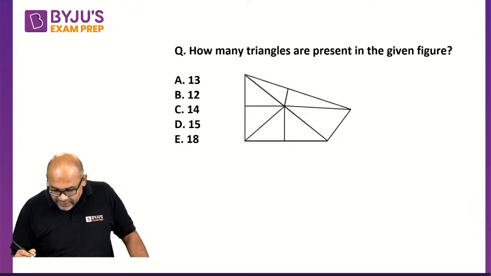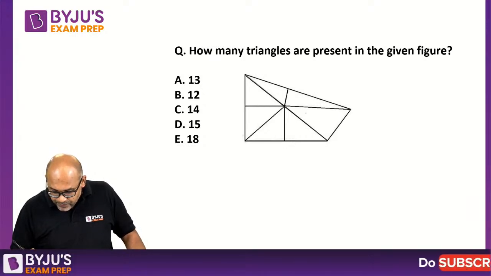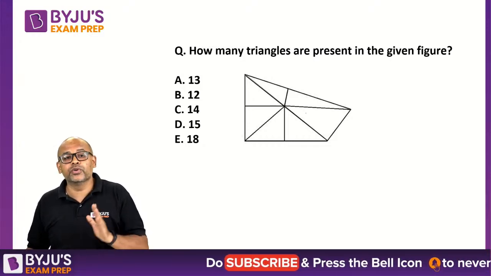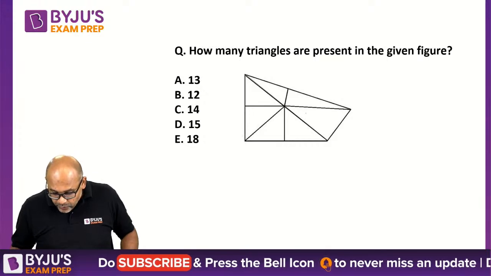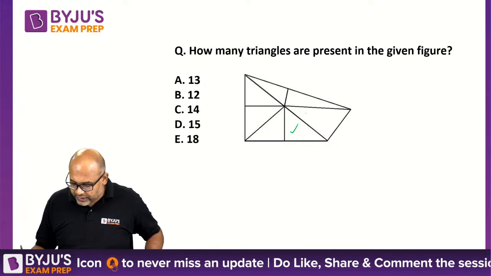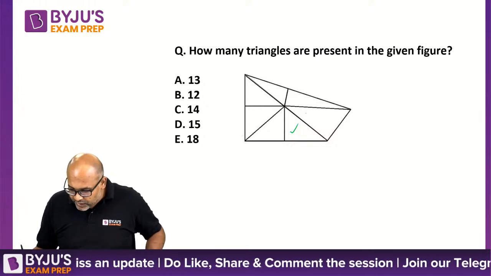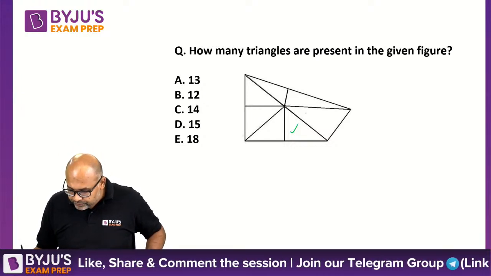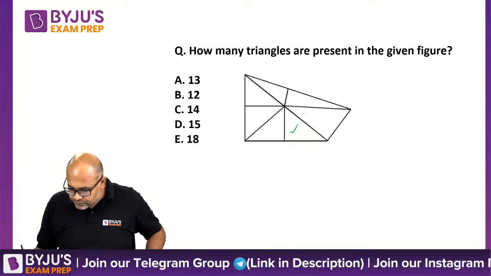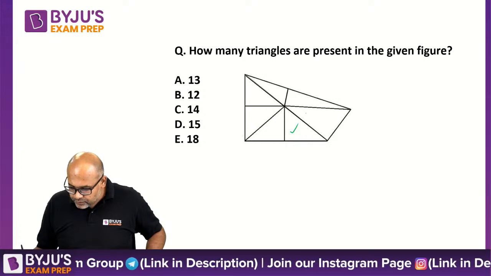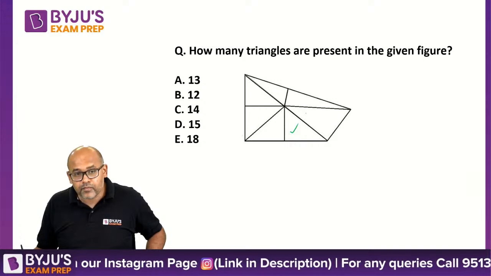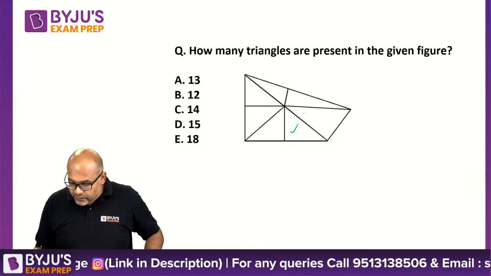I'm just thinking, is there anything else? Again, if you notice, so much of time wasted. No chance you're going to do this in the exam. Okay? One right triangle, I've counted the right triangle. I've counted this. Already I've counted that. 12. Okay, there's one more.